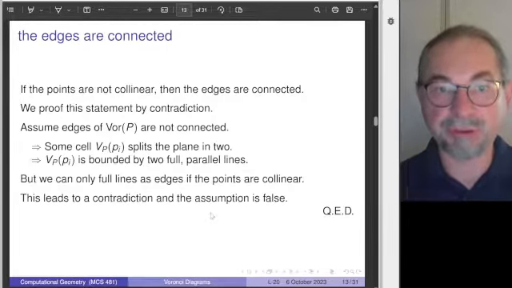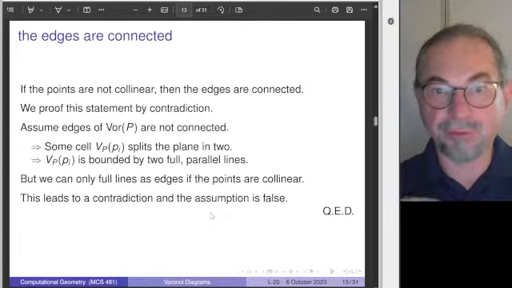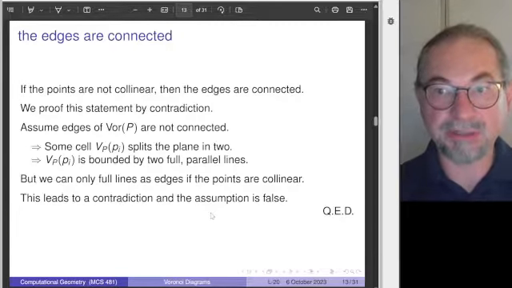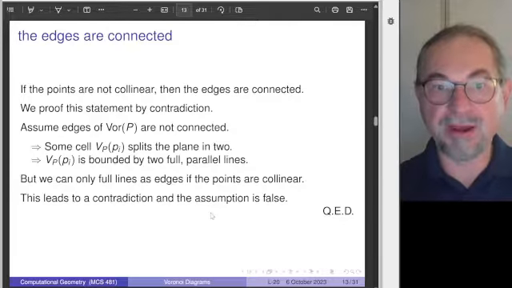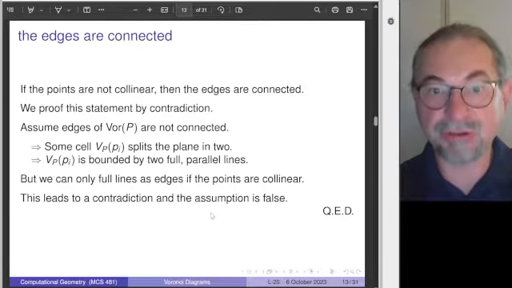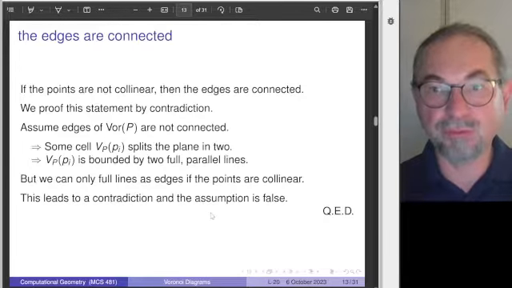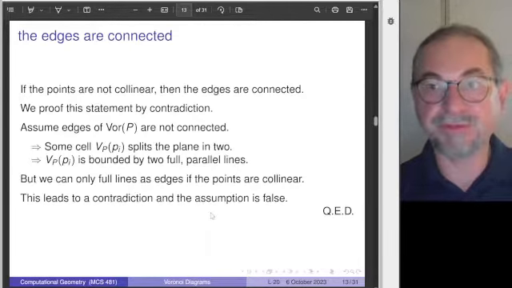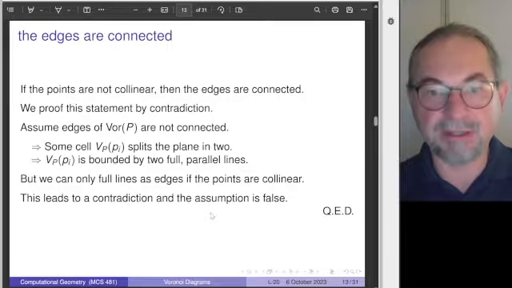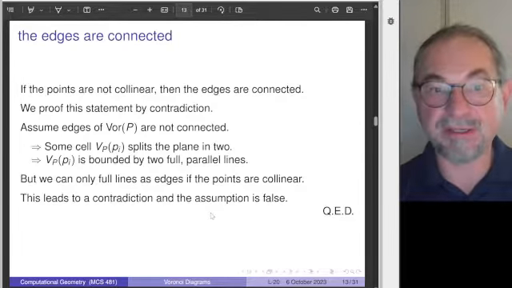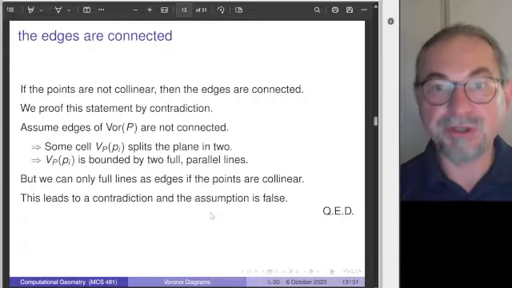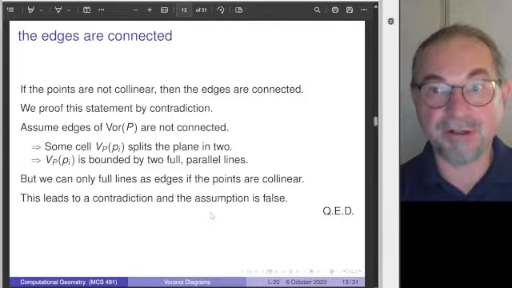So the assumption that the edges of the Voronoi diagram are not connected can only happen if you have a Voronoi cell splitting the plane in two, or alternatively, if the bounds of the Voronoi cell are two entire lines and they will be in parallel. But that can only happen, via the previous slide that we just proved, if the points are collinear. So this violates the assumption that we made. So all the edges are connected.